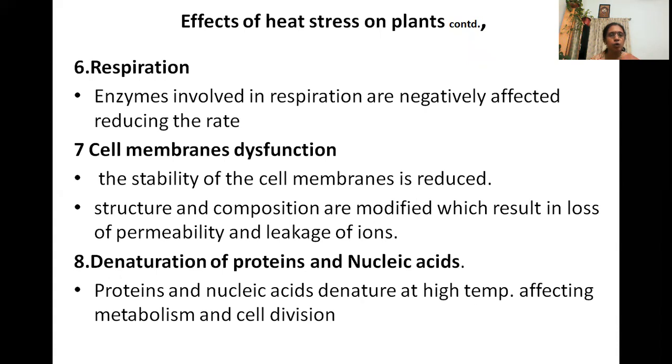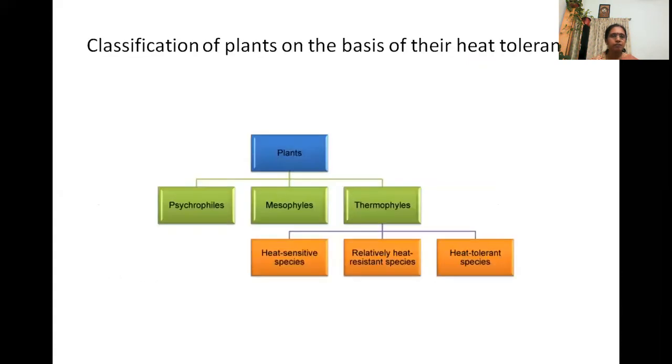Some can go out, some ions can enter, and then this leads to change in the cytosol, and finally may result in many changes in the metabolic activities of the cell. Then denaturation of proteins and nucleic acids takes place at higher temperature. This also has a severe effect on the plant cells.